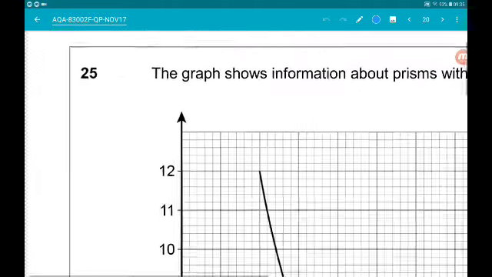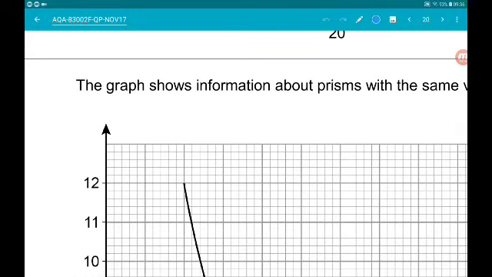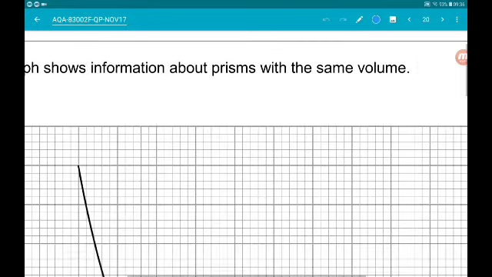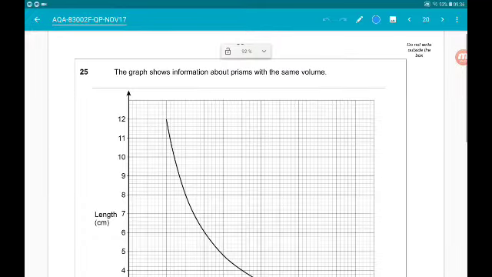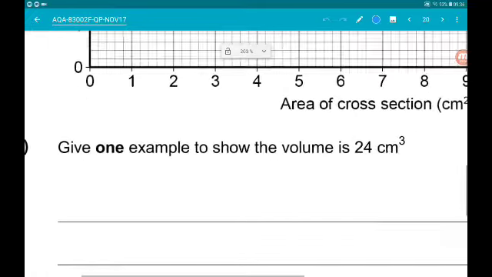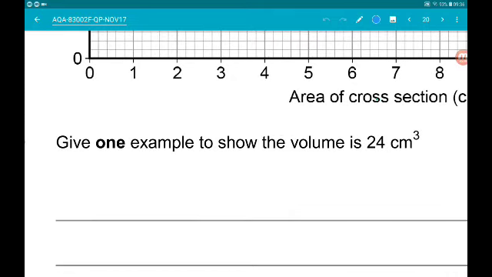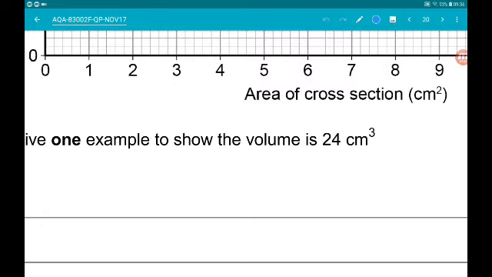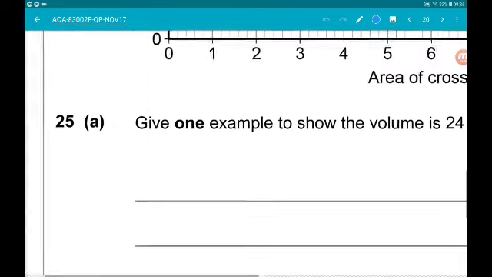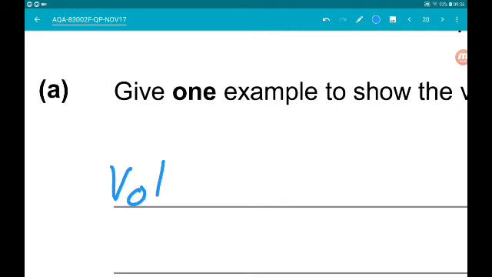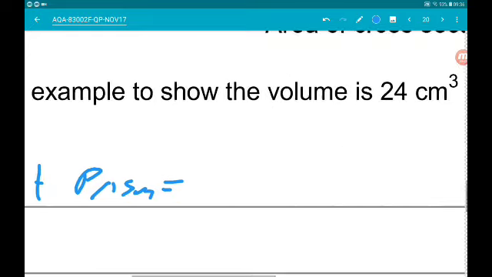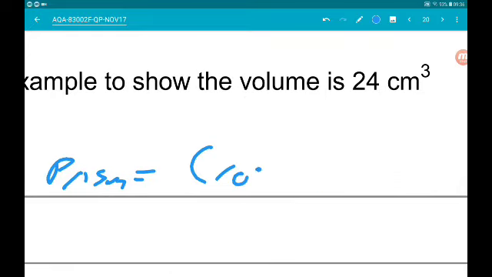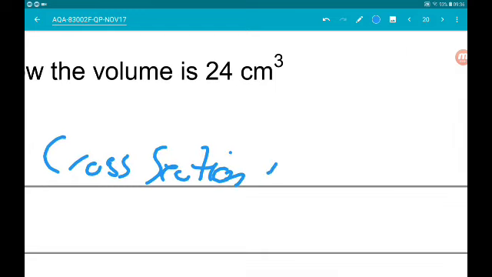Okay, 25. The graph shows information about prisms with the same volume. We want to give one example to show that the volume is 24 centimetres cubed. Okay, so the volume of a prism is the cross-section area times the length.